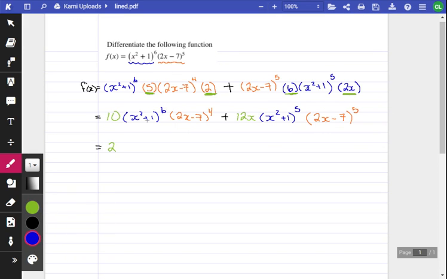Because I have (x squared plus 1) to the power of 6 on one side and power of 5 on the other term, we can only take out 5 copies, because there's not enough to take out all 6. Now I have 4 copies of 2x minus 7 on one side, but 5 copies here, so the largest amount I can take out is 4 copies.